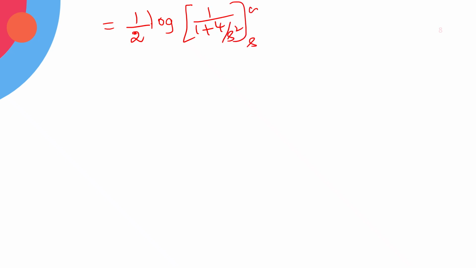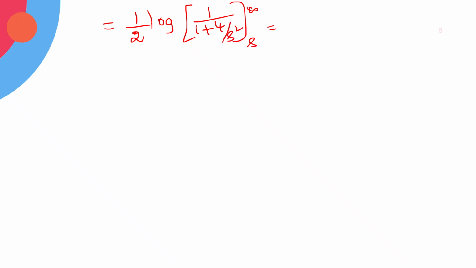So if we apply that limit there, we'll get half times log of 1 divided by 1 plus 4 by s square, and the limit will be from s to infinity.